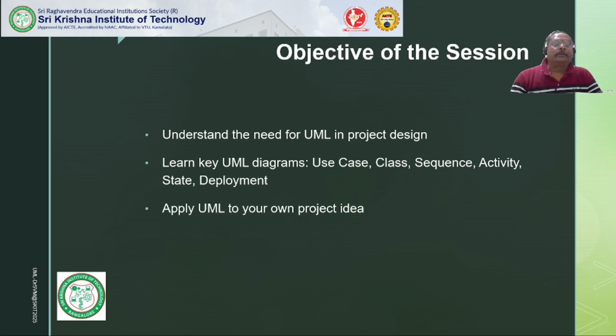Then we want to know how to apply UML diagrams to our own project ideas, and we want to see the various free tools available to draw these UML diagrams.